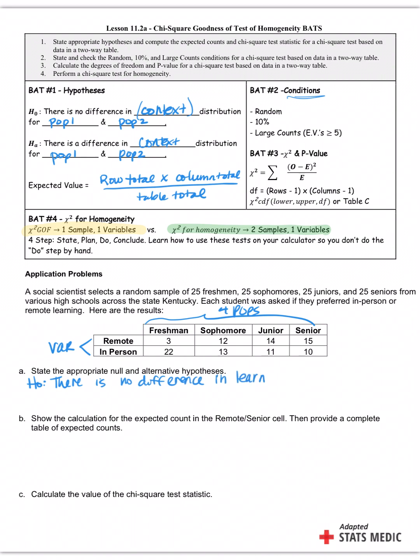In learning preference for freshmen, sophomores, juniors, and seniors in Kentucky. So the alternative then would be, there is a difference, right?